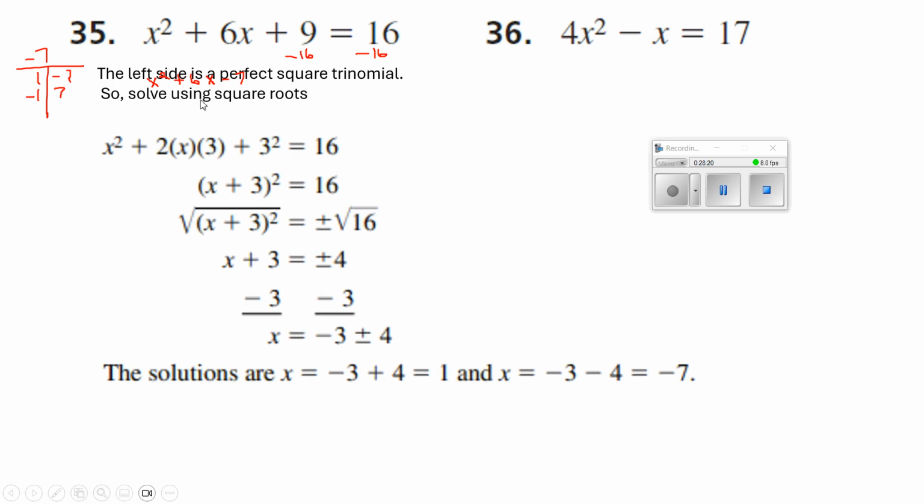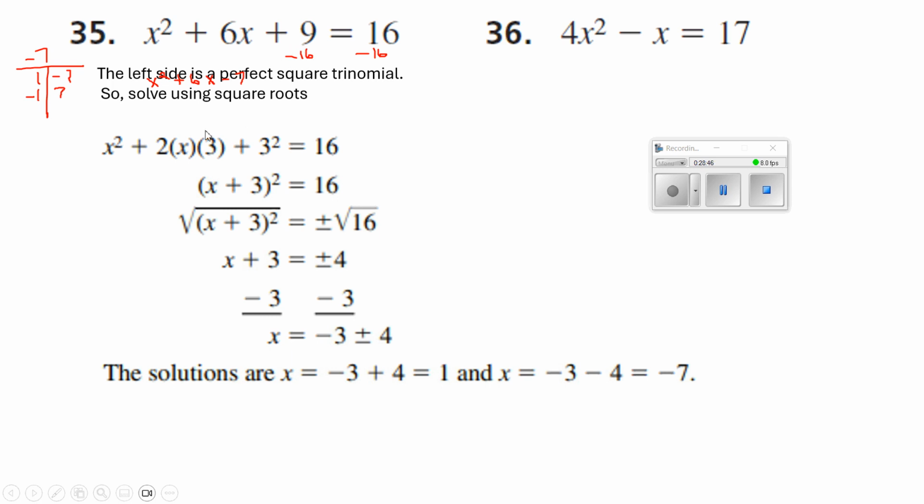And using the square root method, we're going to go ahead and take, see, we got x squared, and remember we're looking for what squares out of this, right? So we got 6x plus 9.